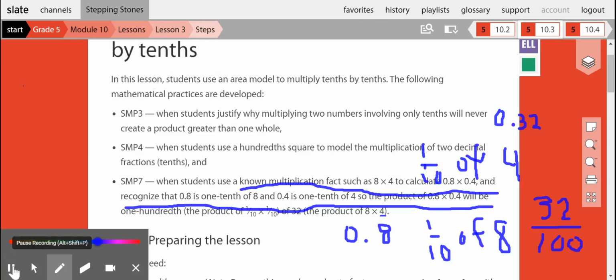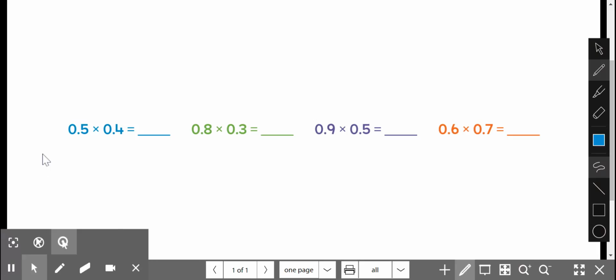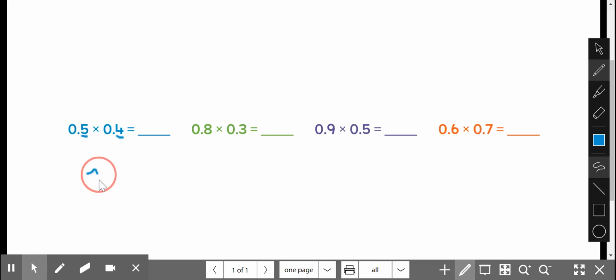It's not a lot to help on this particular slide, other than to show you what things we might be doing in this lesson for the day. One more thing that I like to do is take these as whole numbers and multiply them times each other. I take 5 times 4. I get 20.